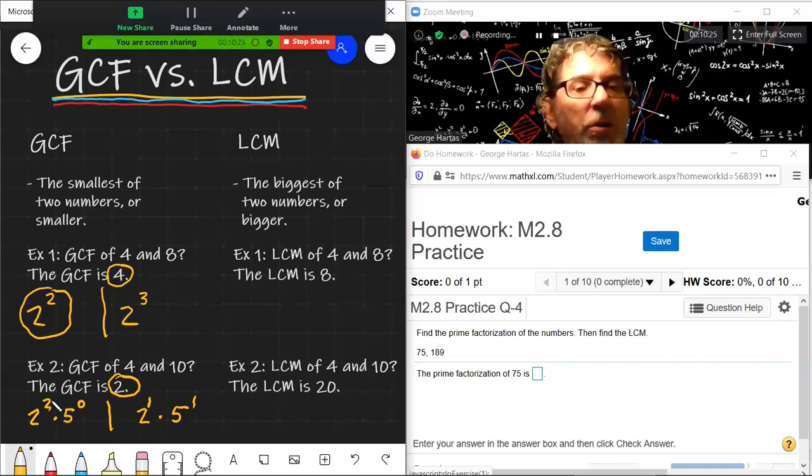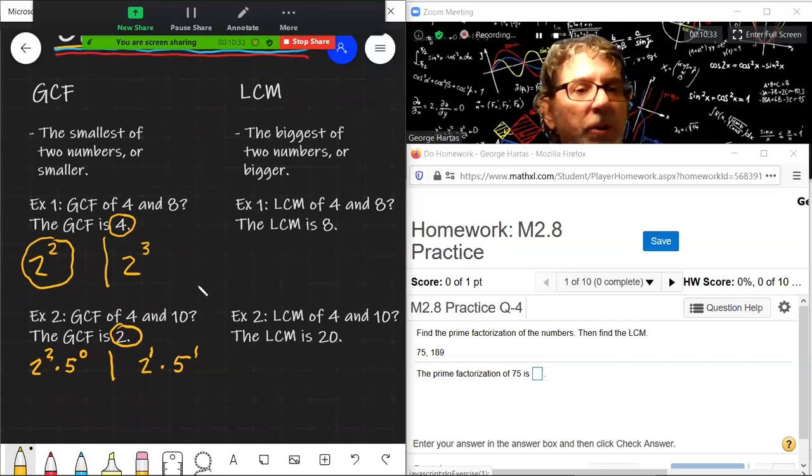Well, 2 is bigger than 1, so 2 to the first power is smaller. So let's bring it down here. The GCF is 2 to the first power because, again, we're looking at smaller. 1 is smaller than 2.